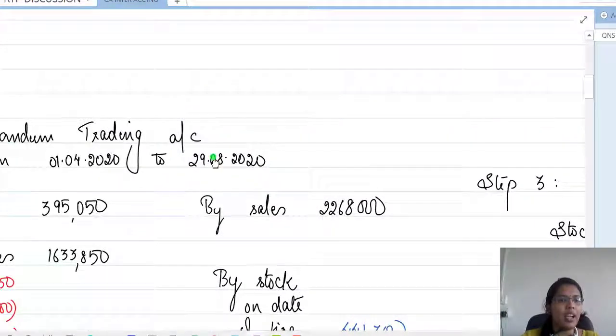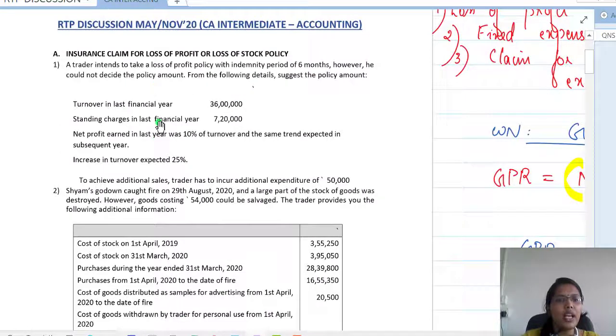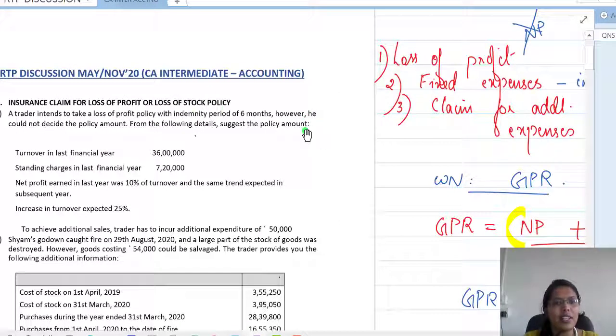So both May and November 2020 RTPs are complete, and they have given loss of profit in one RTP and loss of stock in one RTP. So we have actually covered both the areas from this chapter. Now, the first question wasn't actually computation of claim, but this is also important, as only if you know the claim under loss of profit policy and its theory, you can work out this problem.